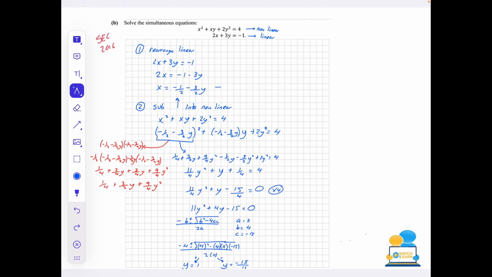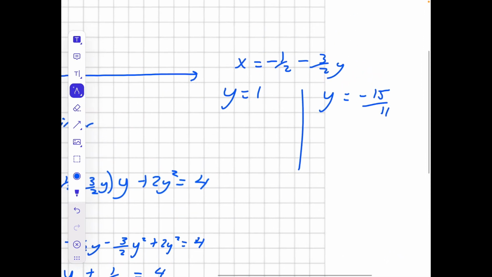For step 3 then, I'm going to take my step 1 and I'm going to take my 2 answers for y, so y is equal to 1 or y is equal to minus 15 over 11, and I'm going to sub them in.